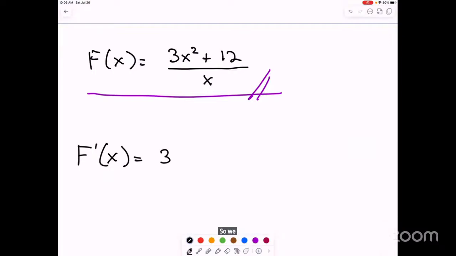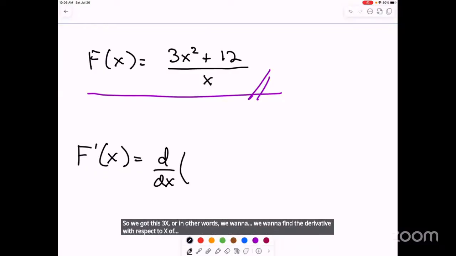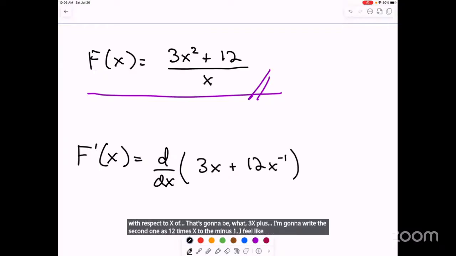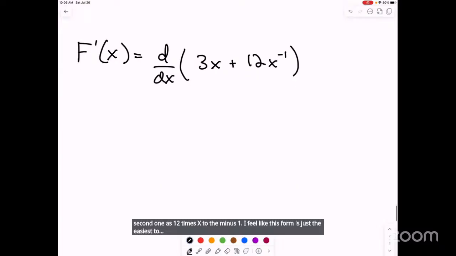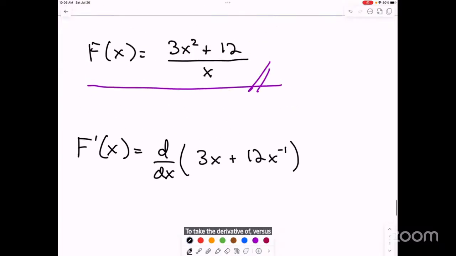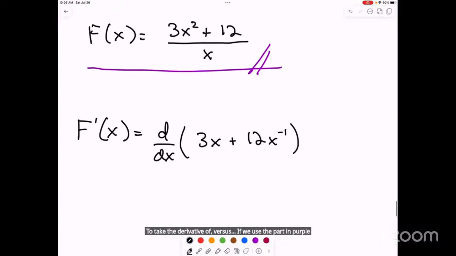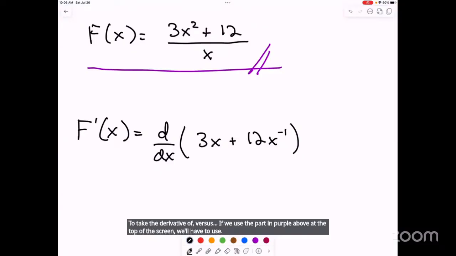So we got this 3x, or in other words, we want to find the derivative with respect to x of, that's going to be 3x plus, I'm going to write the second one as 12 times x to the minus 1. I feel like this form is just the easiest to take the derivative of, versus if we use the part in purple above at the top of the screen, we have to use low d high minus high d low over low low.